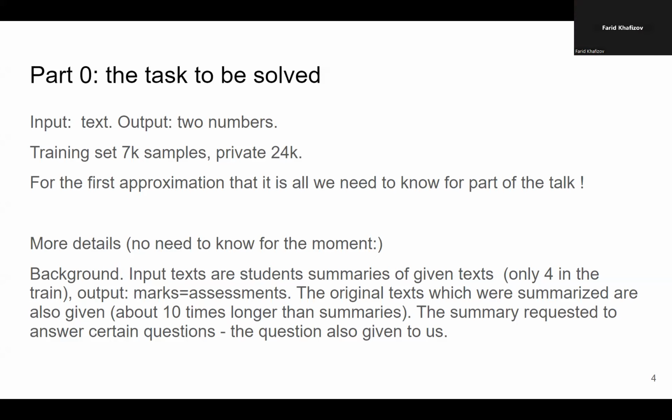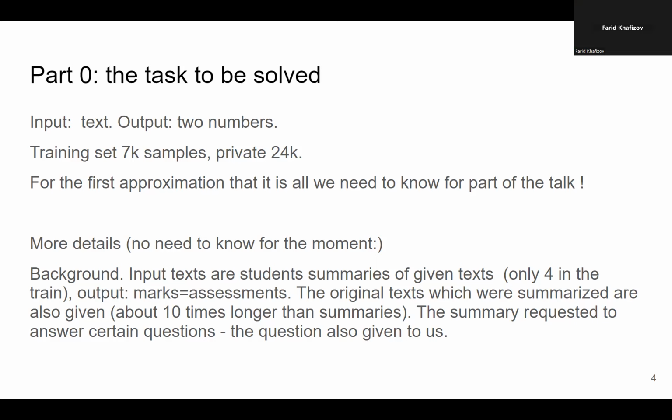So one original text and summaries for each student. Moreover, in the training data we have only 4, not 4,000, just 4 original texts and 7,000 summaries. So 4 original texts and 7,000 people provided summaries for one of those texts, and we know which text each summary was for. This correspondence is given to us.